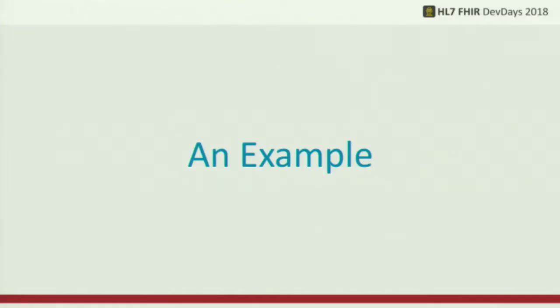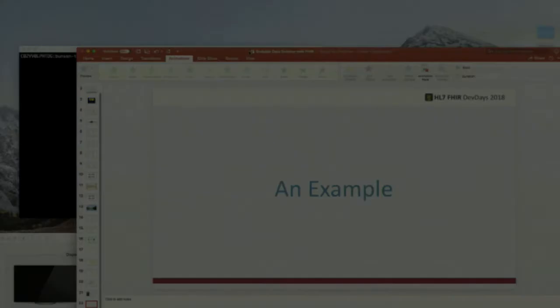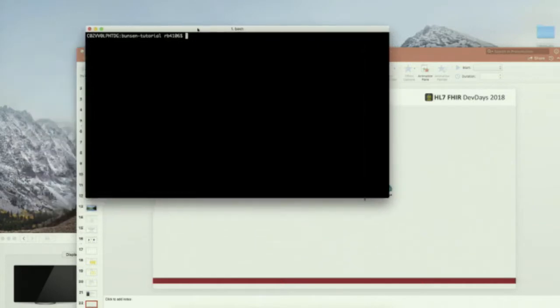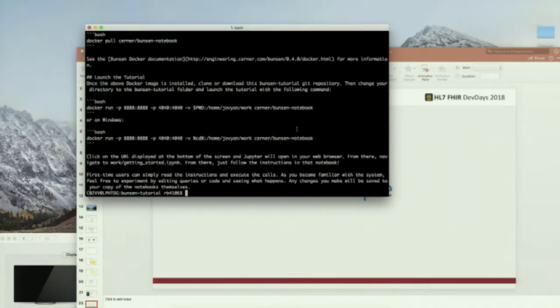So let's take a look. We'll jump into the system itself. So let me swap out. I'll have a link to the actual demo at the end of this, so we can play with it upstairs. Once you pull down the GitHub repository that's in the demo link, we can launch the entire thing with just this Docker command.